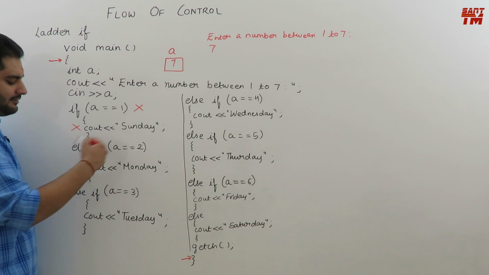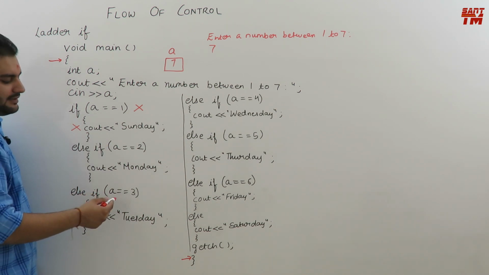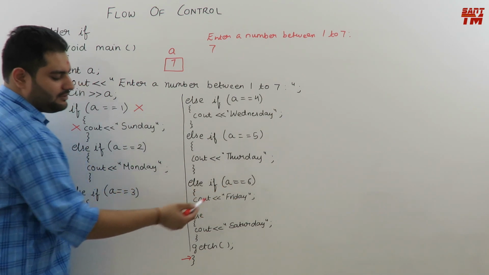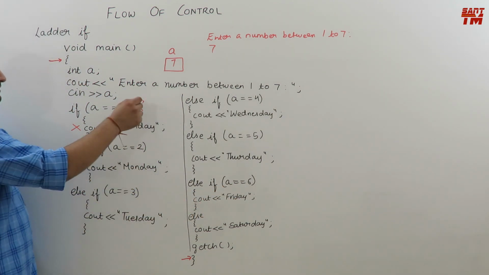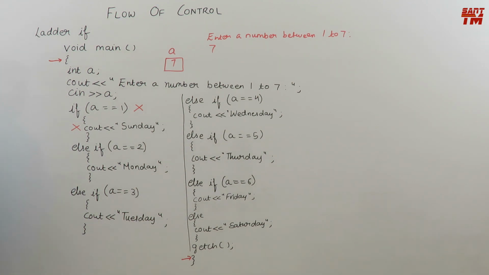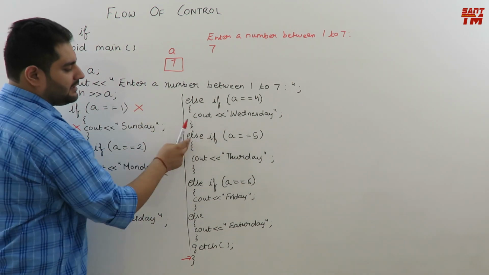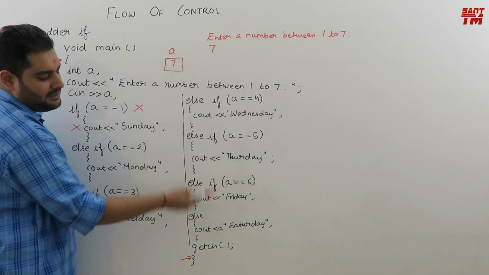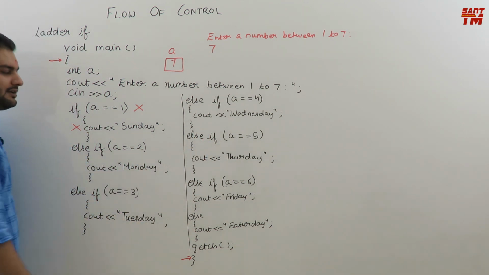If this is false, then we will go to the next else if and check the condition. If this is false, then we go to the next condition, and likewise we go to the last else. If a condition is true, we will execute that if and come out of the program. If at any time a condition, suppose else if a equals 5, is true, we will execute cout Thursday and come out of the program using getch.